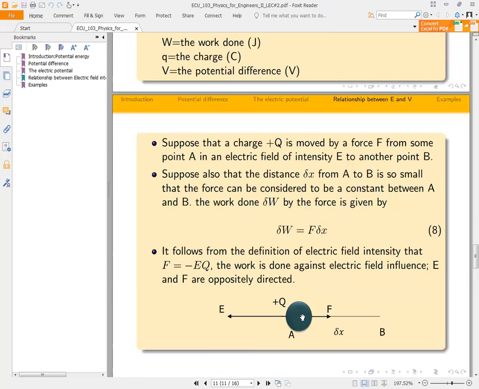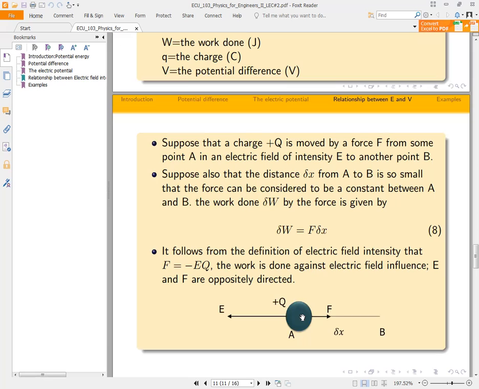Let's look at the next slide. Suppose that a positive charge Q is moved by a force F from some point A in an electric field of intensity E to another point B. Suppose also that the distance delta x from point A to point B is so small that the force can be considered constant between A and B. Then the work done by the force is basically force times distance.